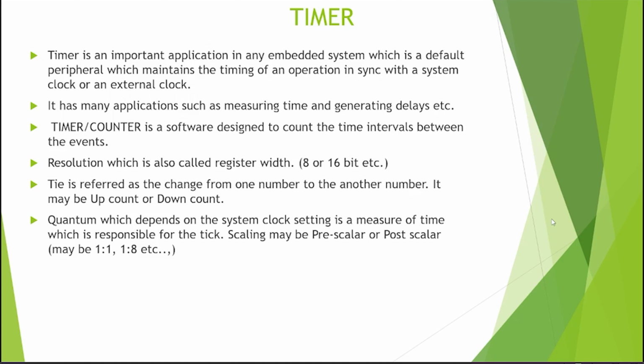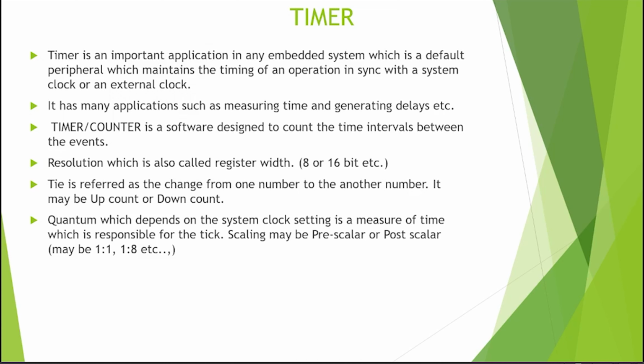Next, timer. Timer is an important application in any embedded system. It is a peripheral, one of the default peripherals, which maintains the timing of an operation in sync with a system clock or external clock. It has many applications such as measuring time and generating delays, etc. A timer or counter is designed to count the time intervals between events.